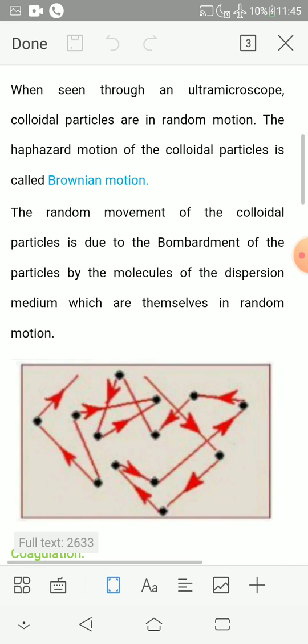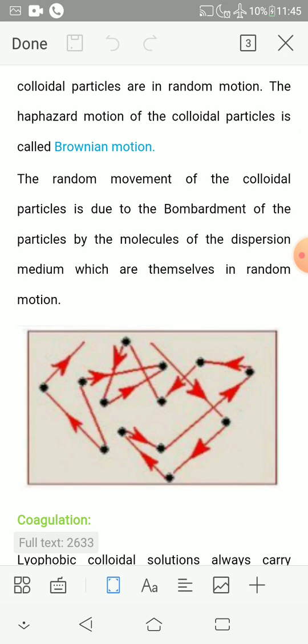You can see in this figure the Brownian movement of colloidal particles. The random movement of the colloidal particles is due to the bombardment of the particles by the molecules of the dispersion medium, which are themselves in random motion.